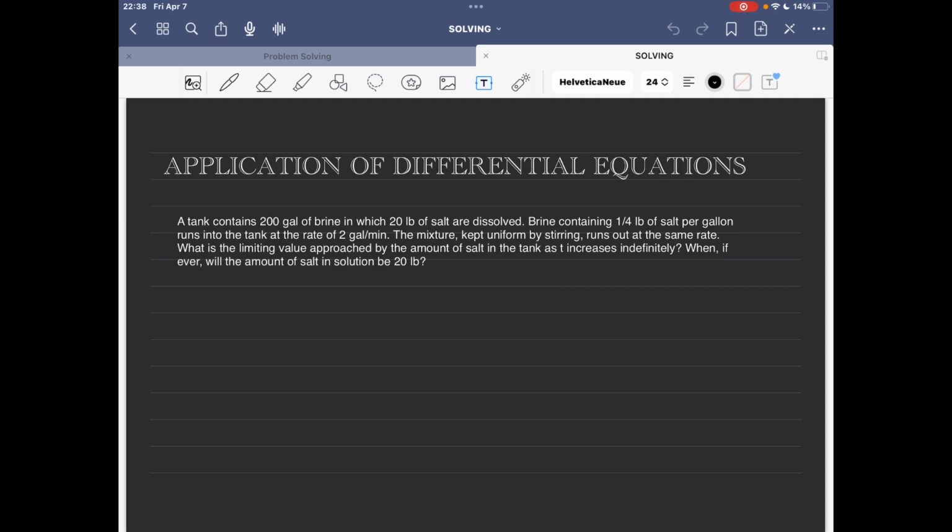What is the limiting value approached by the amount of salt in the tank as t increases indefinitely? And when, if ever, will the amount of salt in the solution be 20 pounds?